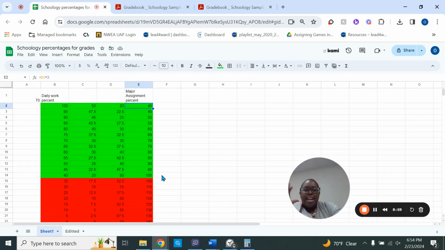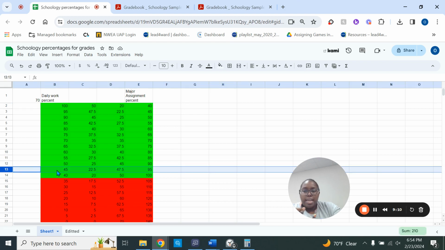If they just want to get a passing grade from my class, and for their daily works they already have a 45.59, basically a 46 if you want to round it off, that would put them right here at the 45 marker, which means they're only getting 22.5% towards their actual grade for the class. So their major grades would have to be at 95% because they're only going to get 47.5% from that to add to their grade to get their 70.